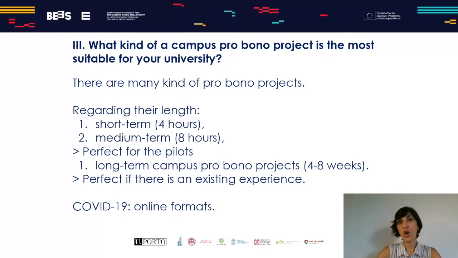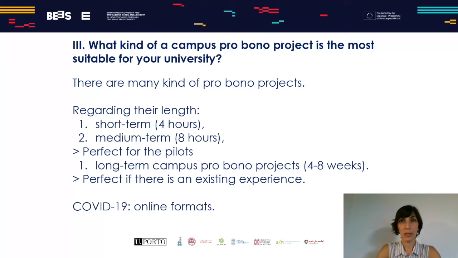And finally, the long-term campus pro bono project consists of a project of several weeks of duration where volunteers and non-profit coordinators work together in the meetings and also in between meetings. The identified need is larger, and so is the commitment of the participants.